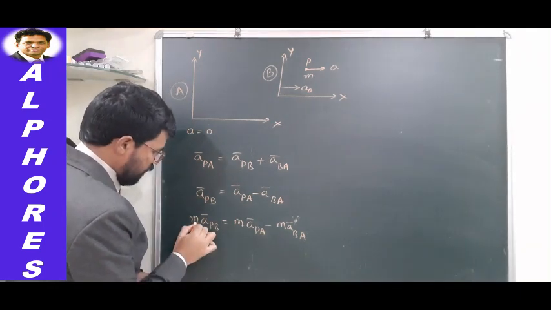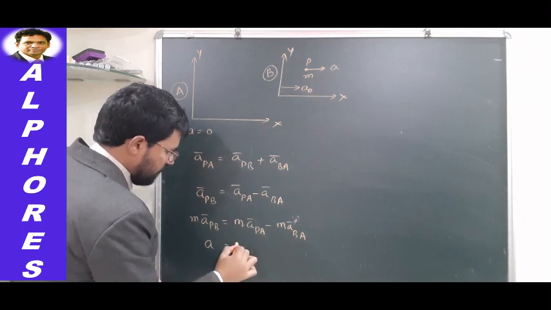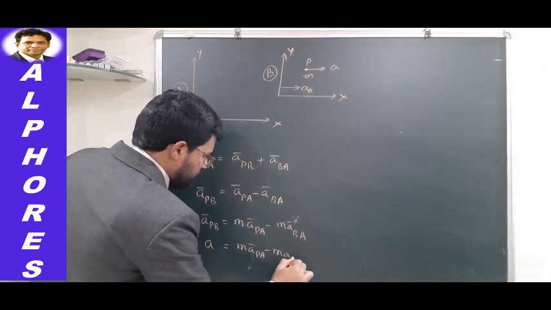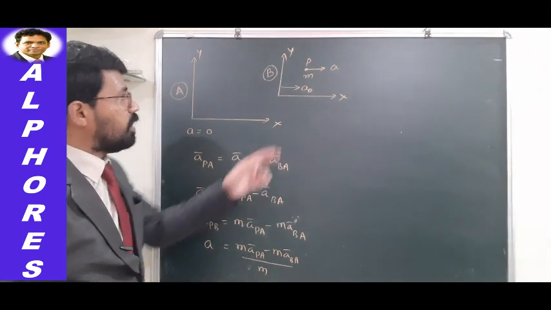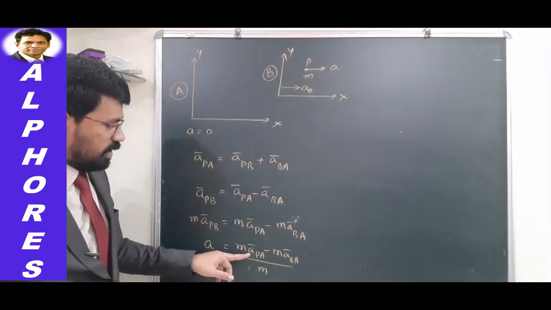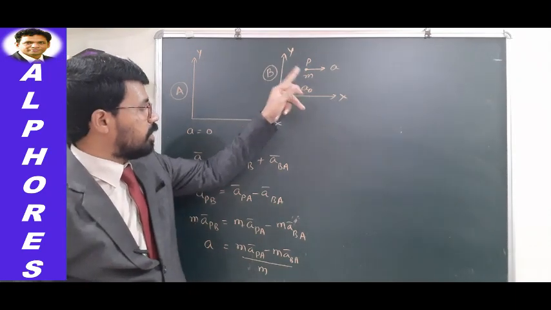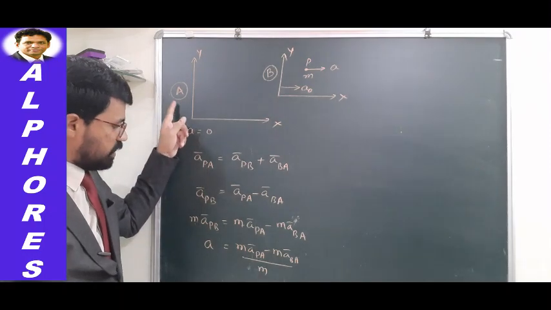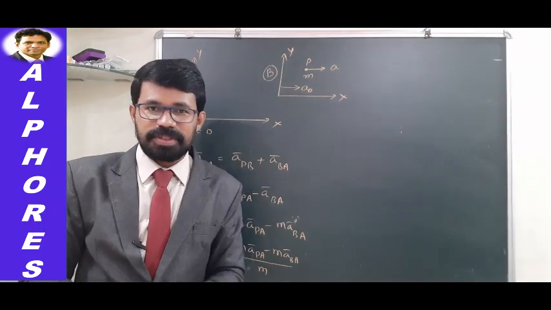So A, and on both sides I will divide by M. When I divide by M, what will I get? M A bar PA by M, minus M A bar BA by M. And whatever force this particle is experiencing, that force is M A bar PA, because the total force experienced by that particle with respect to frame of reference A is nothing but mass into its acceleration, according to Newton's second law of motion.